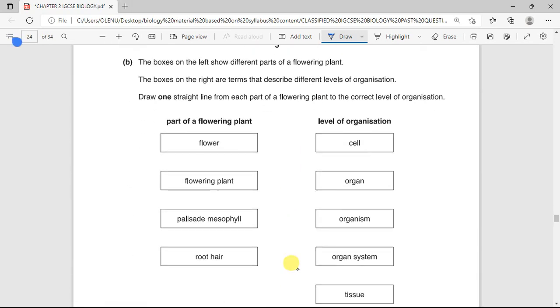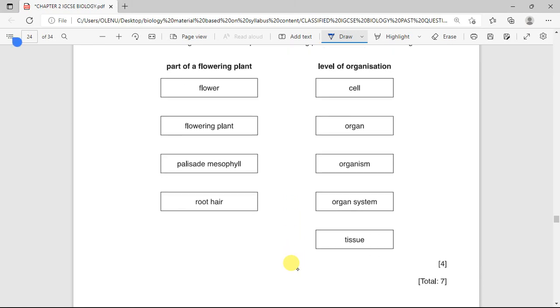Now they say the boxes on the left show different parts of a flowering plant. Now the boxes on the right are terms that describe the different levels of organization. Draw one straight line from each part of the flowering plant to its level of organization. The flower should be this. The flowering plant is an organism.